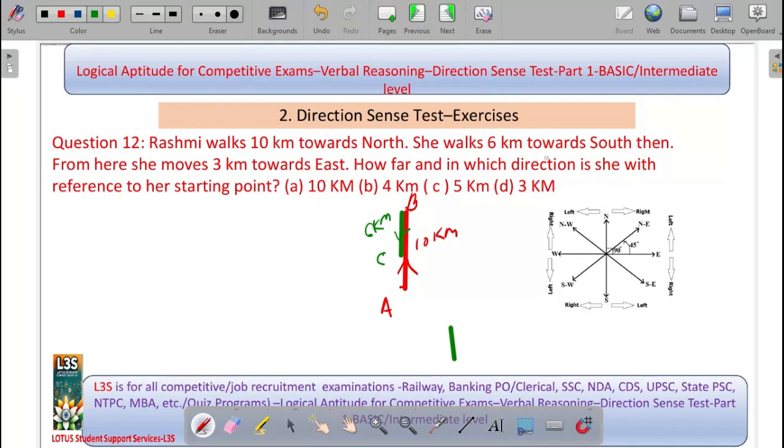Now she walks 6 kilometer towards south, because this is the north side and this is south. From point B, she comes 6 kilometer towards the south side. And this will be the east side, west side. Now she moves 3 kilometer towards east.